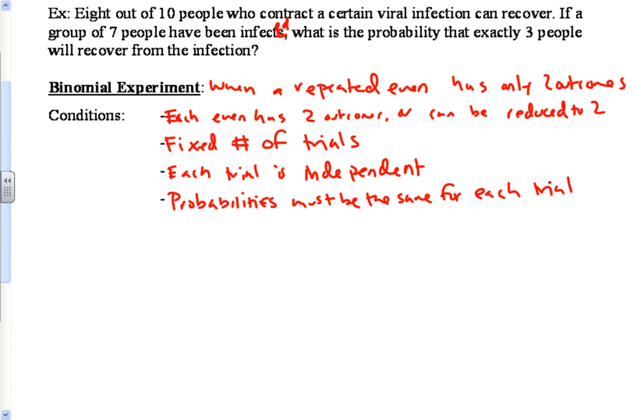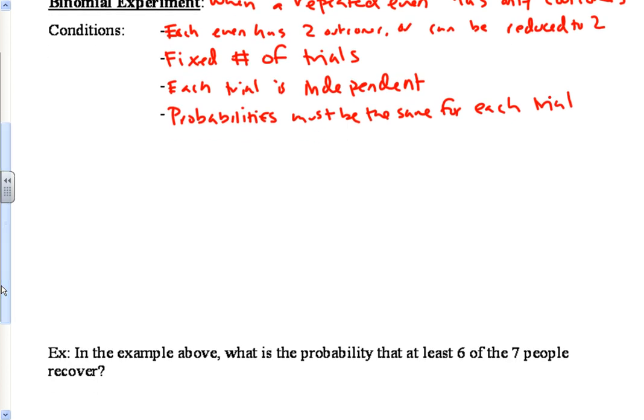All right, if you find yourself in a situation such as this, then there is an easy way to calculate the outcome of a certain number of trials.